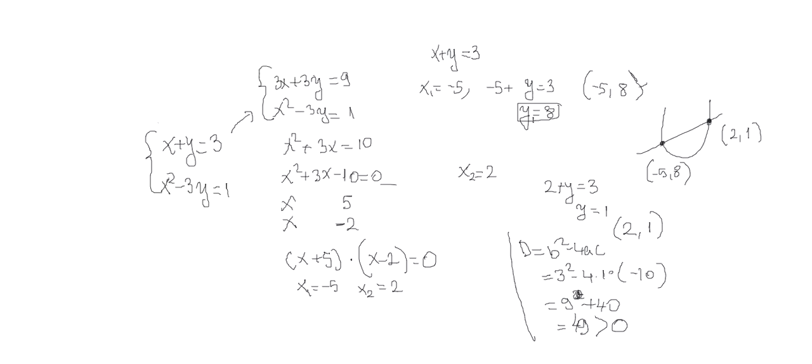And if the discriminant is greater than 0, then it means yes, we have intersection points and we have two intersection points. But if the discriminant is less than 0, it means that we will not have any intersection point.